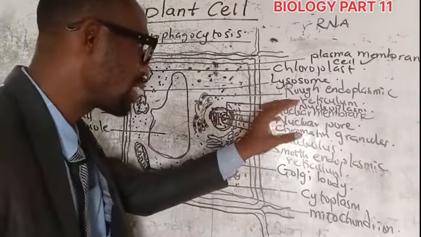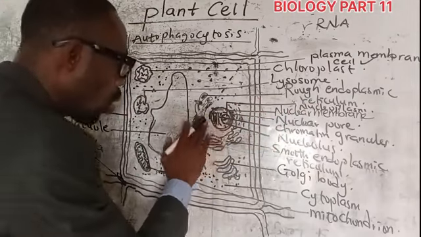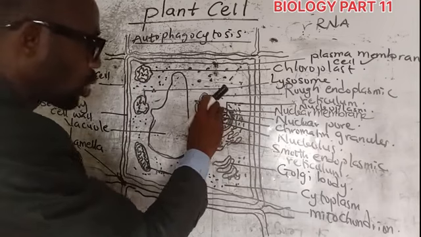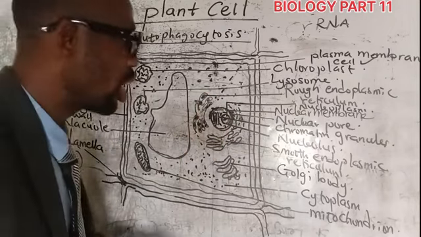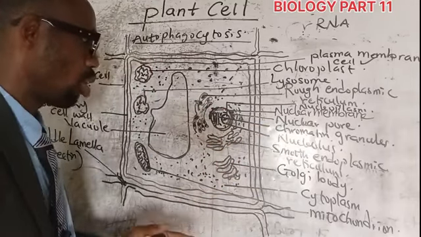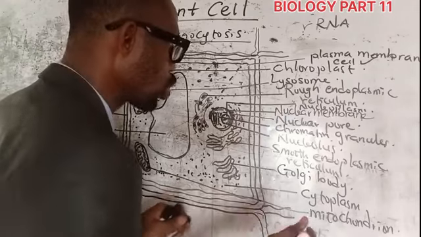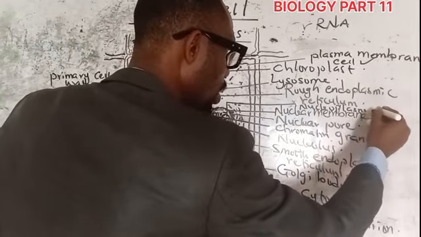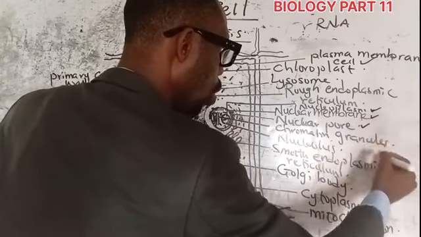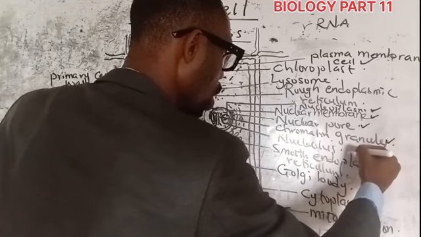That's how the nucleoplasm is, creating that environment where the chromatin, the nucleolus, and every other structure found in the nucleus is. The nucleolus is a non-membranous structure, but the nucleus is a membranous structure. So we have nucleoplasm, nuclear membrane, nuclear pore, chromatin granules, and nucleolus.